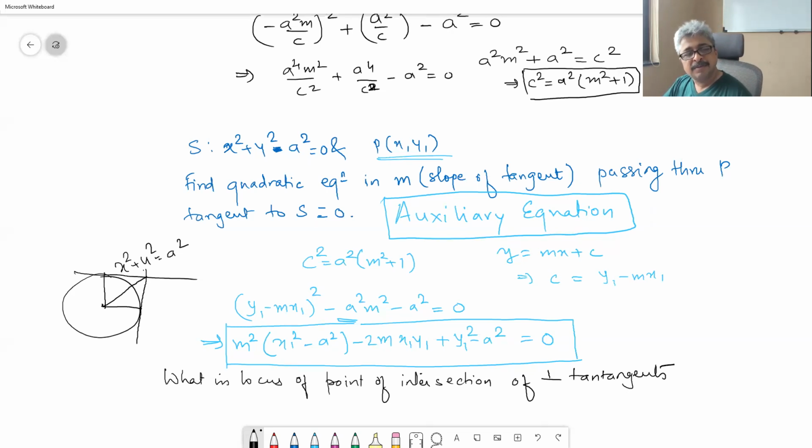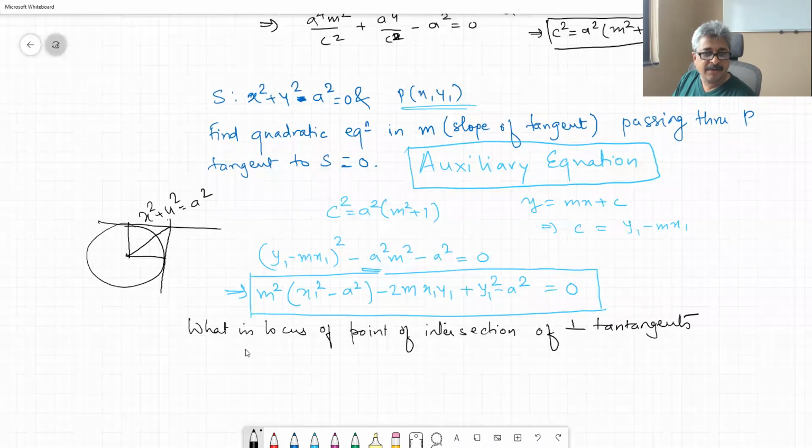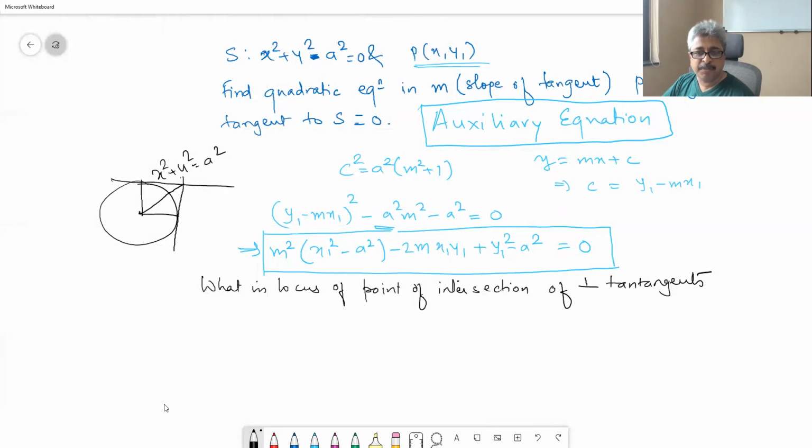Locus will be, we can find out. But college method is use this equation. If the tangents are supposed to be perpendicular, their product of the slopes should be minus 1. What is product of the slopes here? m1 m2 is equal to minus 1. Product of the slopes is y1 square minus a square upon x1 square minus a square. Go to minus 1. Right? So y1 square minus a square plus x1 square minus a square is equal to 0.